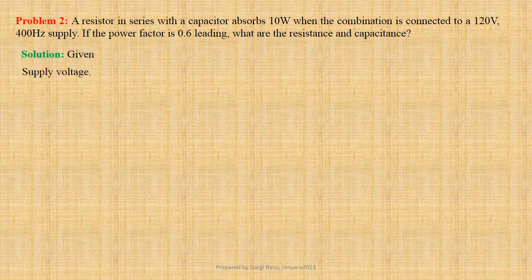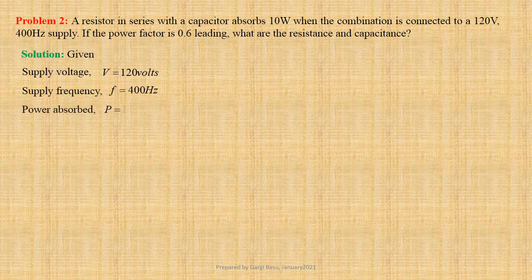Supply voltage V equals 120 volts. Supply frequency F equals 400 Hz. Power absorbed P equals 10 watt. Power factor cos phi equals 0.6 leading.